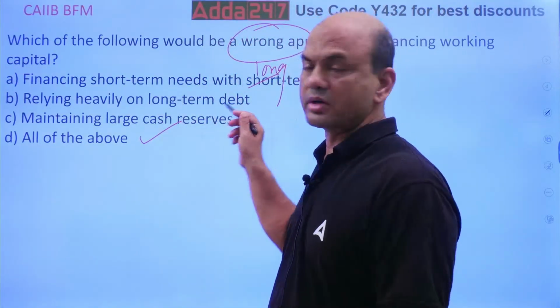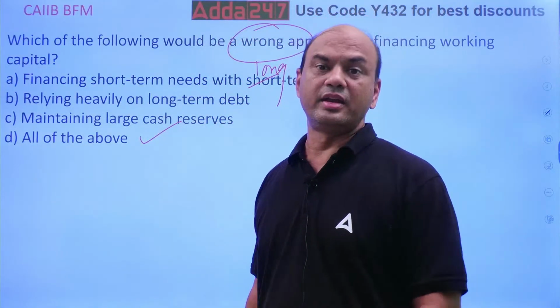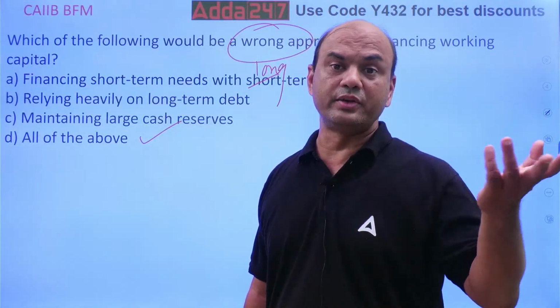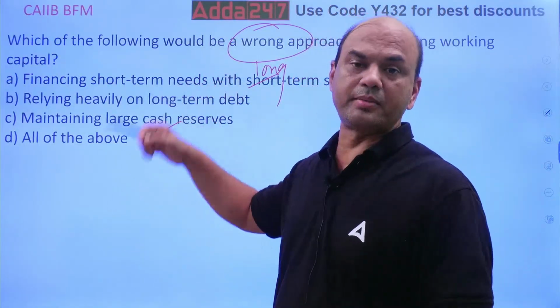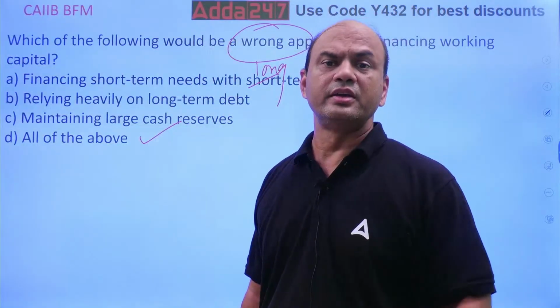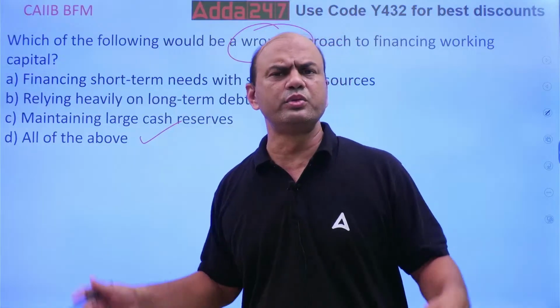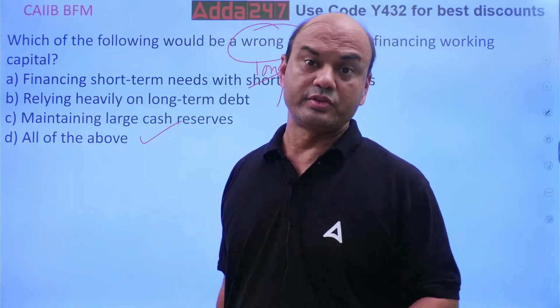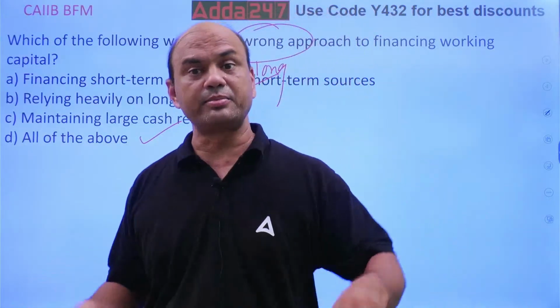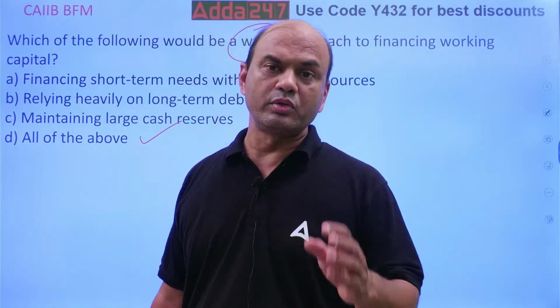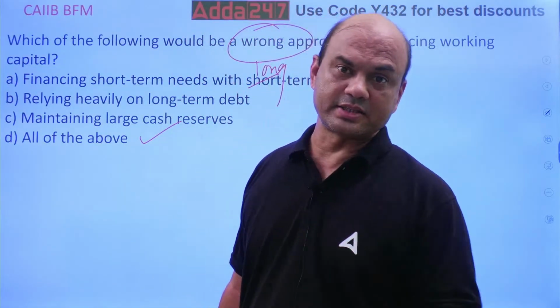Relying heavily on long-term debt. Again, taking the long-term loan from banks and using it for working capital. Very wrong that is. Third one, maintaining large cash reserves. I'll have huge reserves with me, cash, so that if any expense comes, I can pay it. But do you know the problem with large cash reserves?